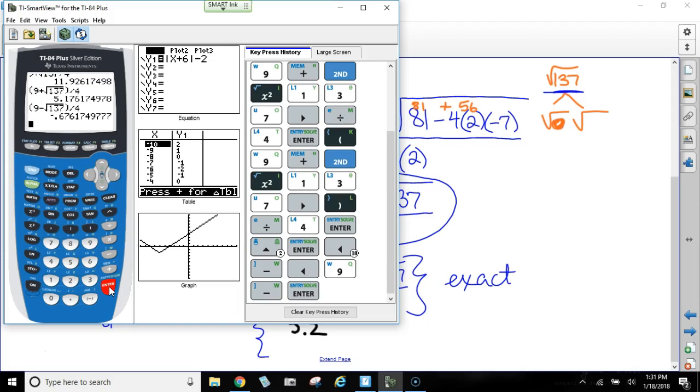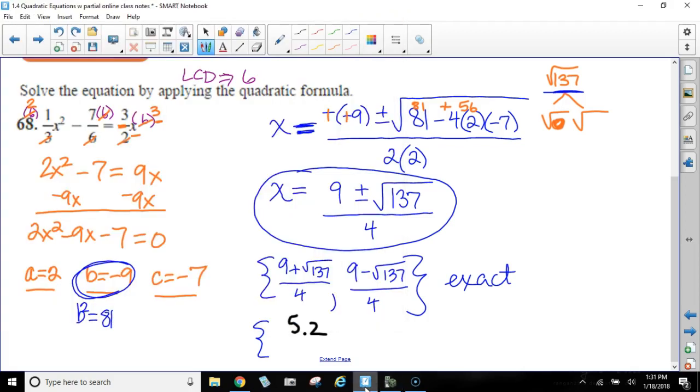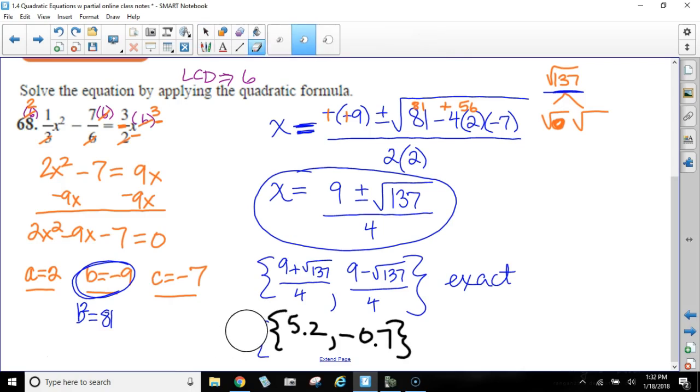To the nearest tenth, that is about negative 0.7. So if you're ever asked to give the solution set rounded to the nearest tenth, it's 5.2, negative 0.7.